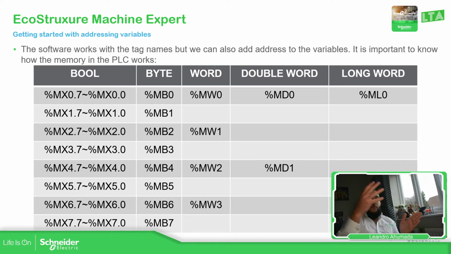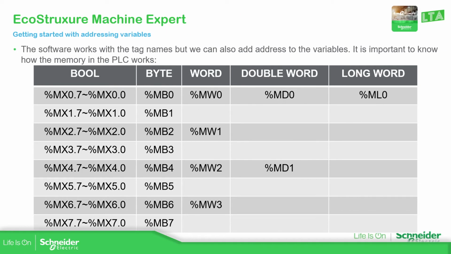On the other side, you're trying to access by word, and you can see the confusion that may arise. So if this is the area of the PLC, and you define all your variables over here.